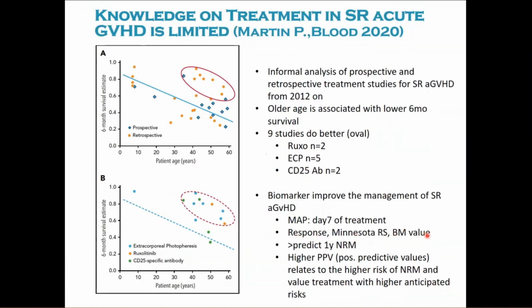This predicts the 1-year non-relapse mortality. So a higher positive predictive value relates to a higher risk of non-relapse mortality. This higher value may allow a treatment with a higher anticipated risk in the future.